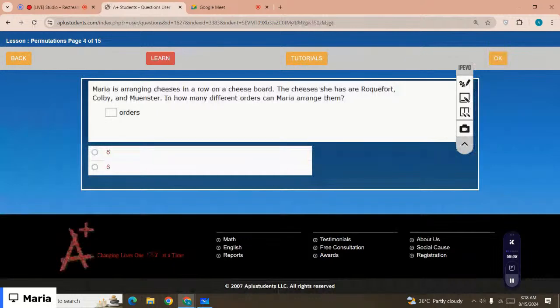Maria is arranging cheeses in a row on a cheese board. The cheeses she has are Roquefort, Colby, and Muenster. In how many different orders can Maria arrange them? So which is the correct option?